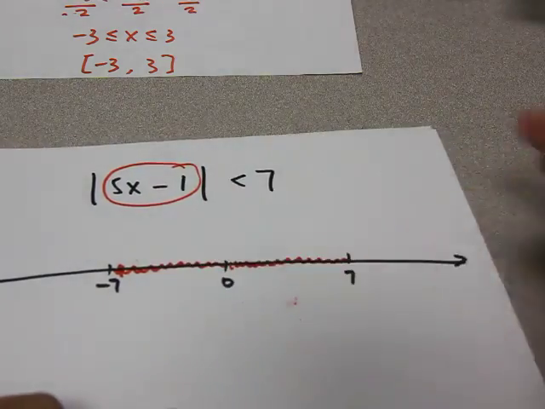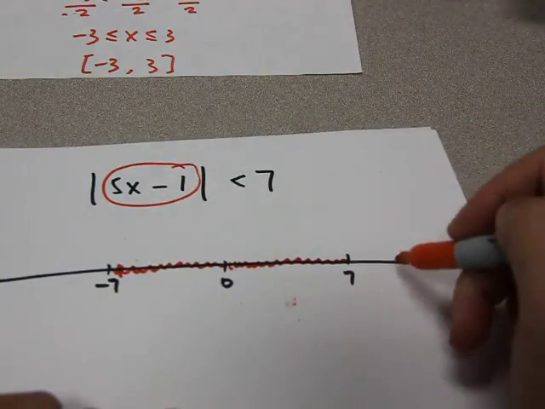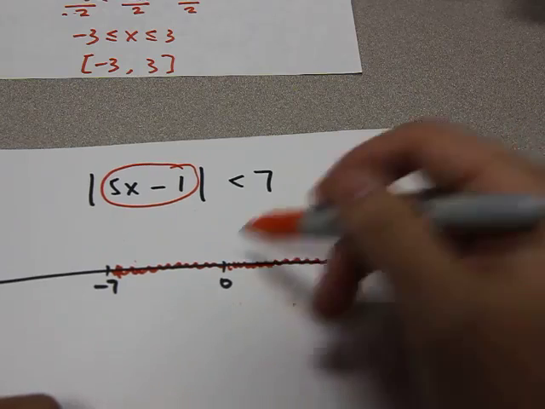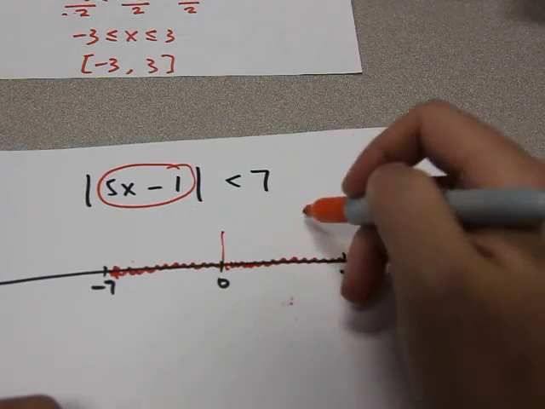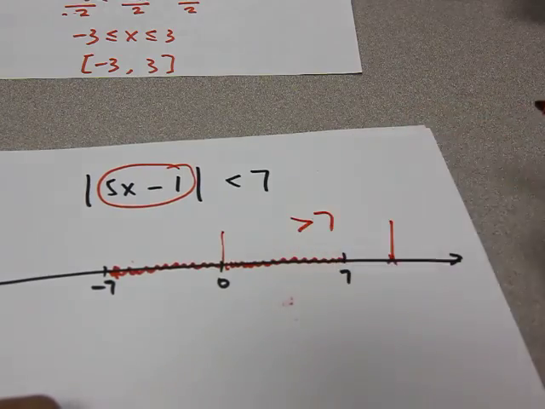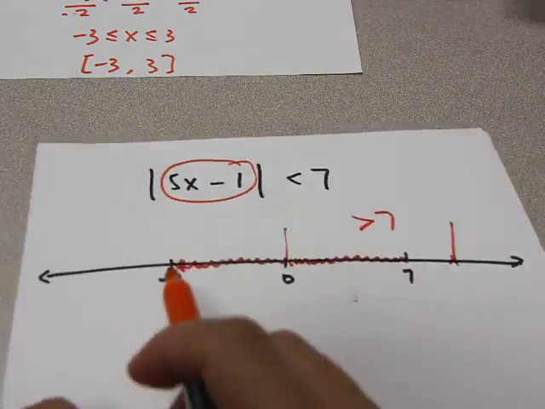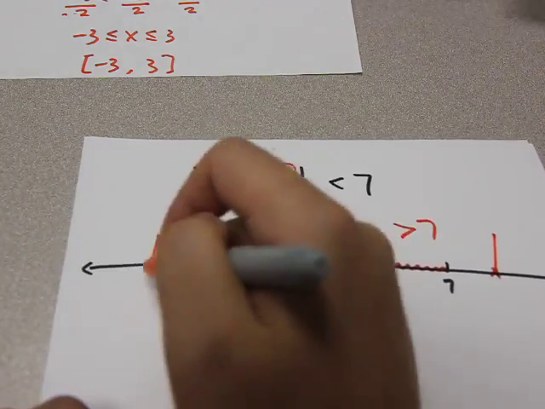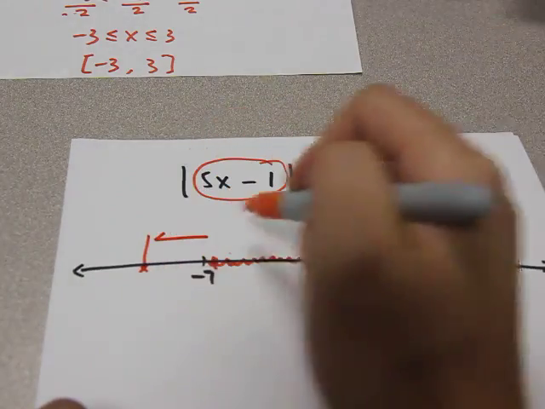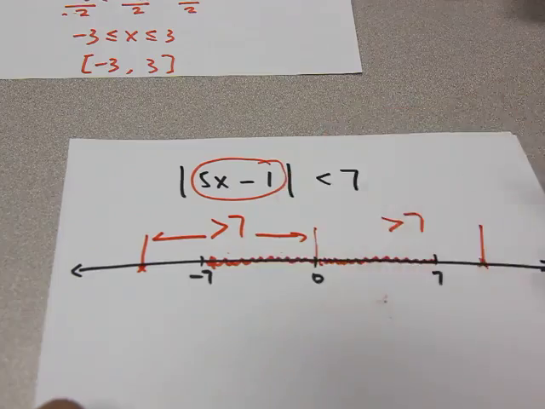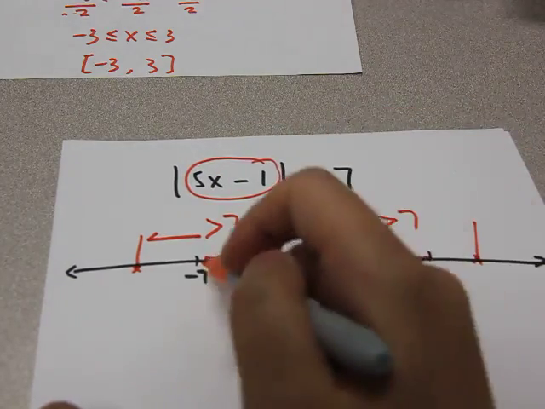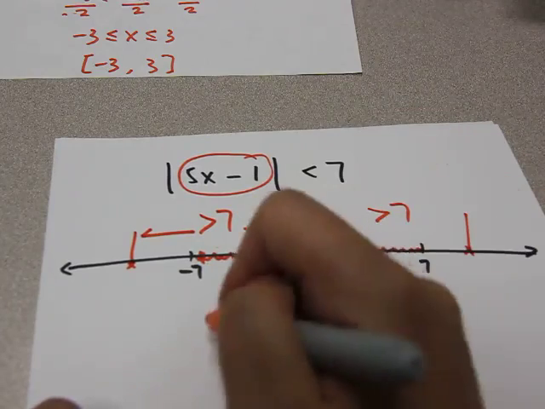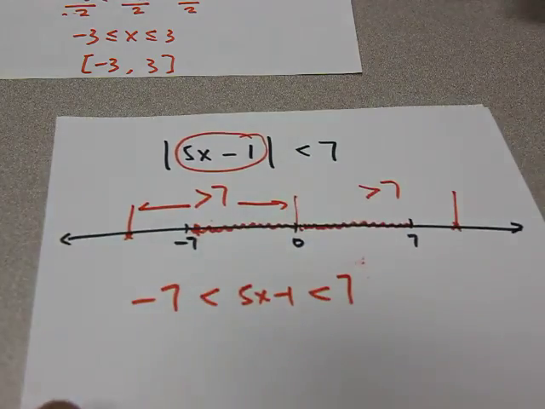This number cannot be greater than 7, otherwise the distance from this number to 0 will be bigger than 7. And this number cannot be smaller than -7, because in that case the distance is going to be bigger than 7, right? So the number must be between -7 and +7.